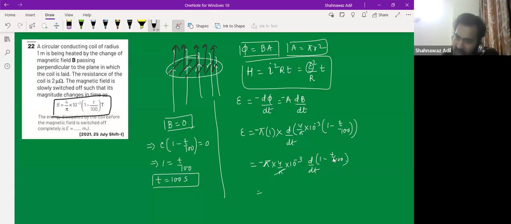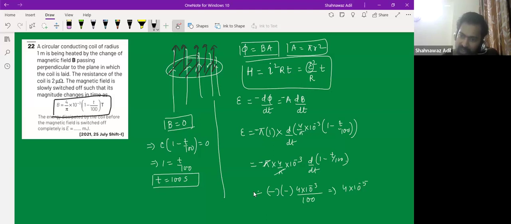Only this differentiation will survive, and we have the minus sign, then the minus again, and 4 into 10 to the power minus 3 times 1 by 100, and dt by dt is 1. So this would be 4 into 10 to the power minus 5.